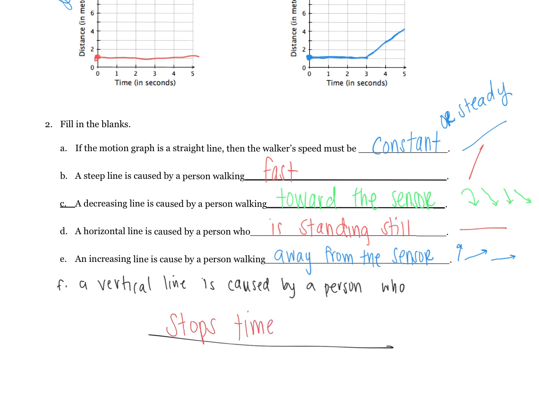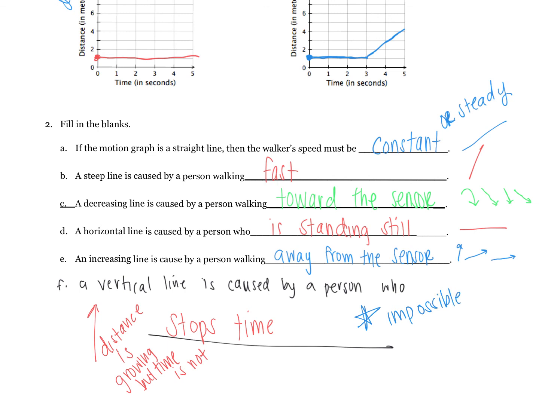And we all know that nobody could stop time, right? If we had a vertical line, it would mean that our distance is growing, but time is not, okay? And we all know that time is always moving. So you're going to write stops time on your line, and then with a star, you're going to write impossible.